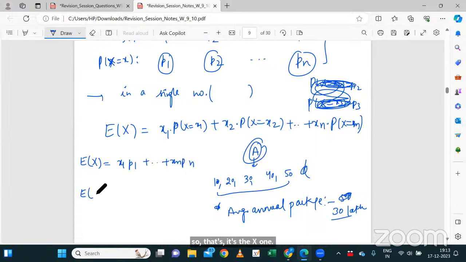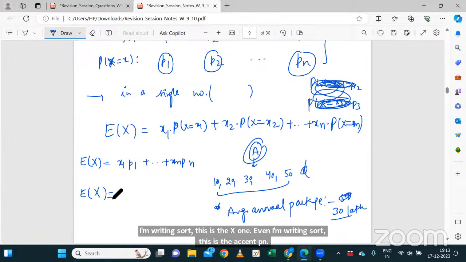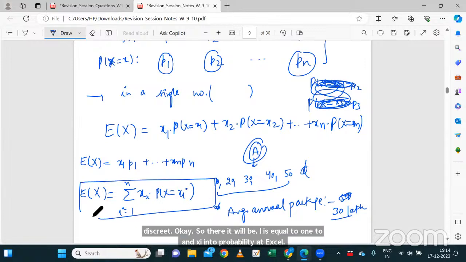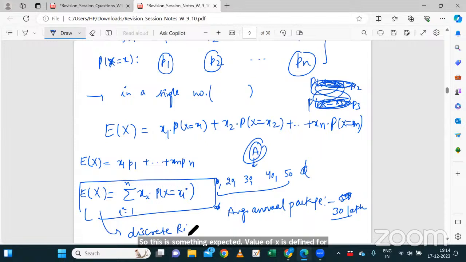This is what we are discussing in the discrete case. So it is the summation over i from 1 to n of xi into the probability that x equals xi. This is how the expected value of x is defined for a discrete random variable. Now the rough idea about expectation is clear.